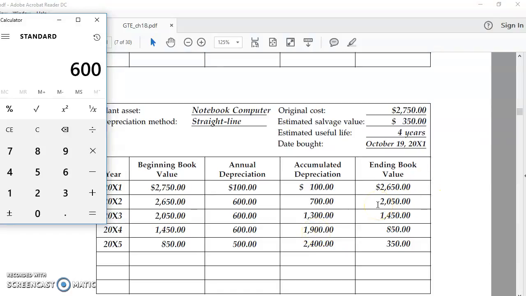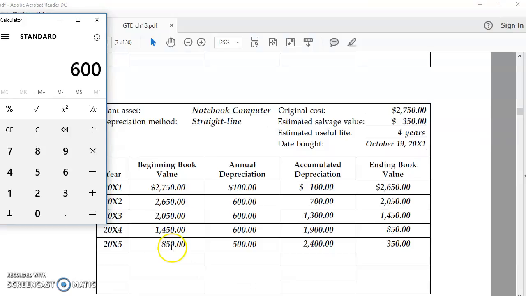You're then going to bring $2,050 down to the beginning of 2003. Subtract the whole $600 to get $1,450. Bring $1,450 down, subtract the whole $600 to get $850. Bring $850 down. Now, why do we have $500 here? We cannot exceed $350 here.